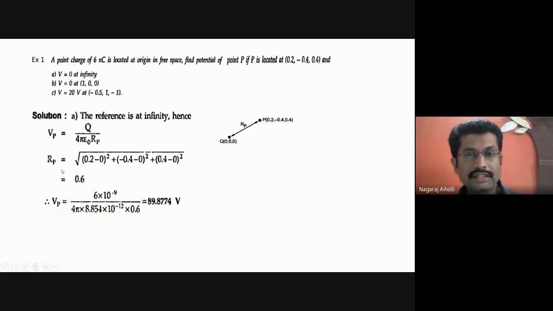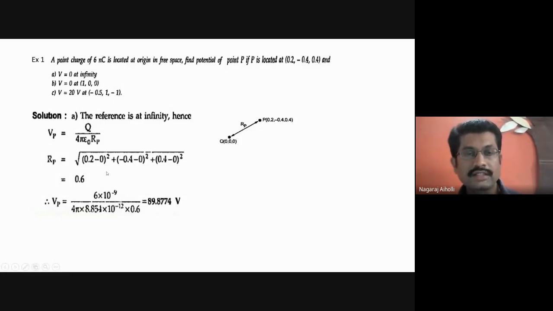Then find the distance Rp. Rp is given by the square root of destination minus source. We are finding at P due to the point charge Q: (0.2 minus 0) squared plus (-0.4 minus 0) squared plus (0.4 minus 0) squared.